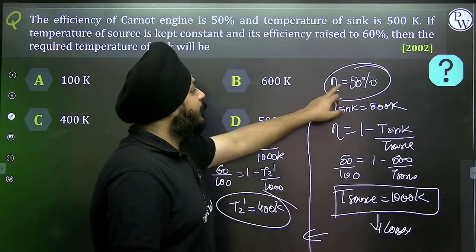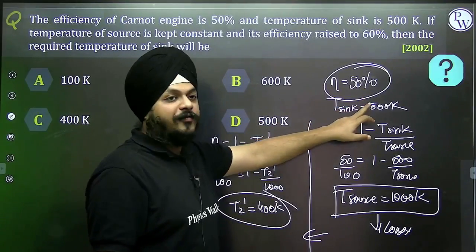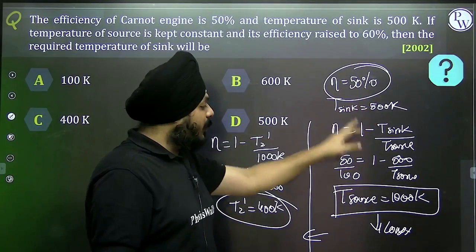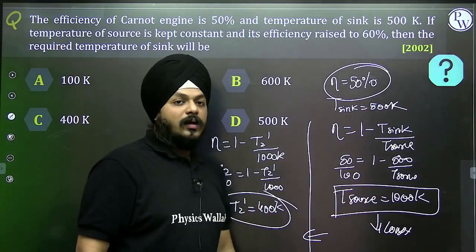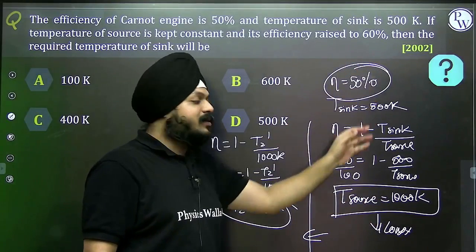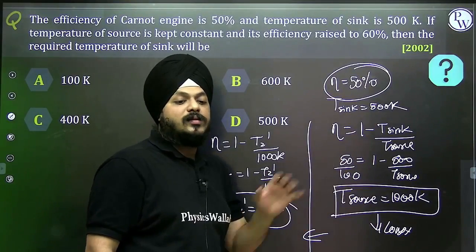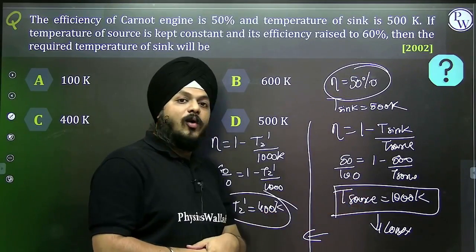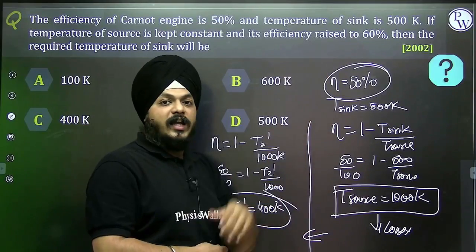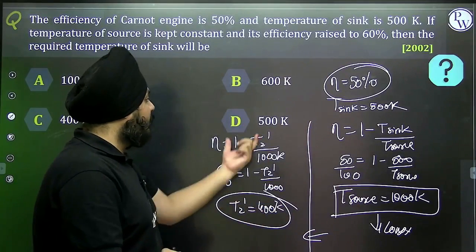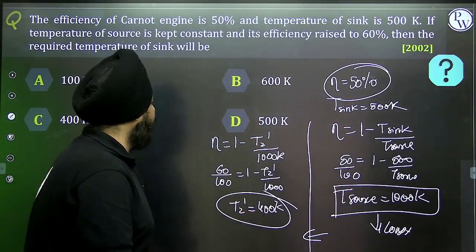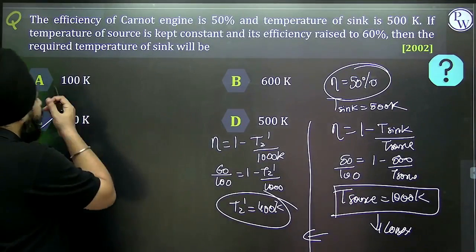If efficiency was 50%, the sink was at 500 Kelvin and the source was 1000. Now if we want to increase the efficiency, but the question says to keep the source constant, then applying the same equation, we get the temperature of the sink as 400 Kelvin.